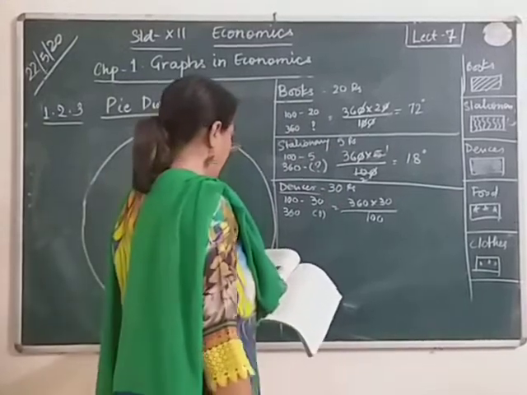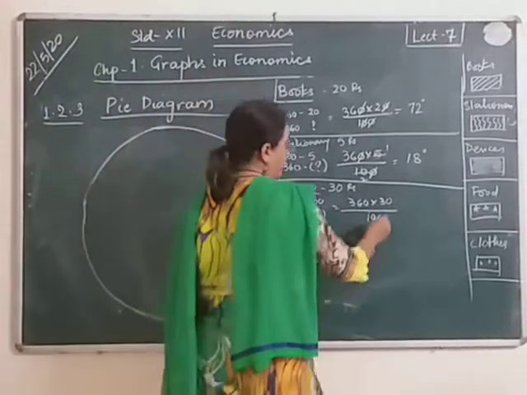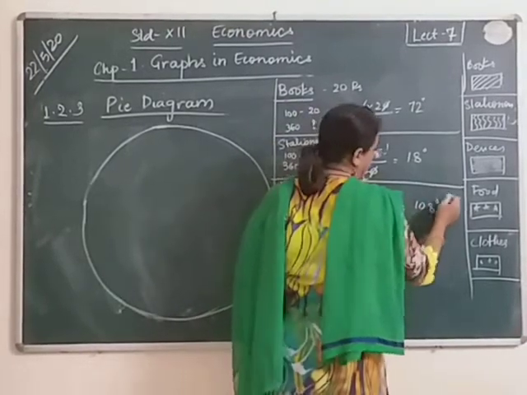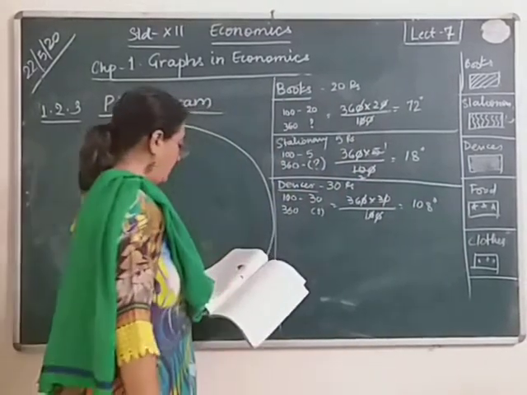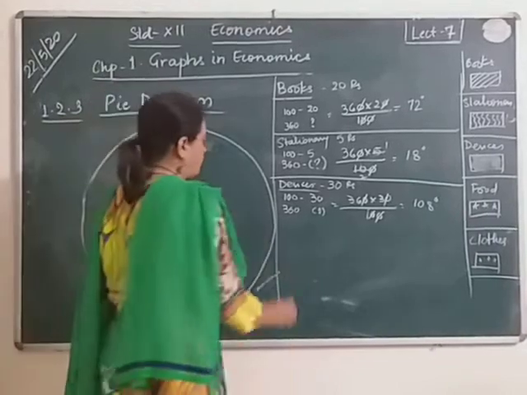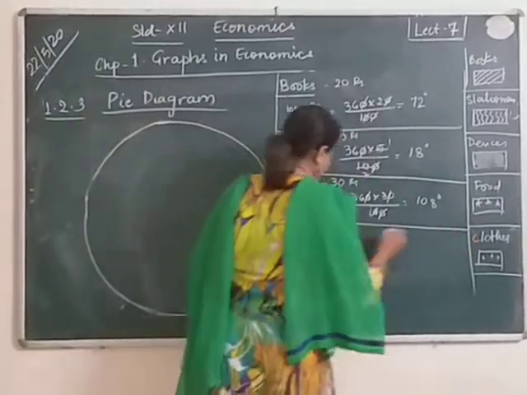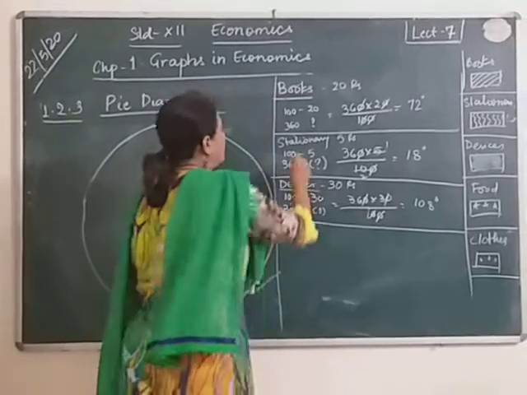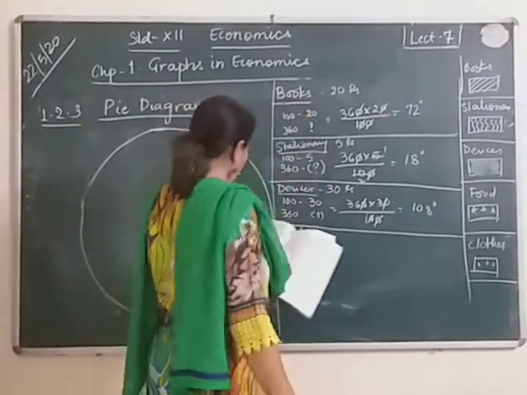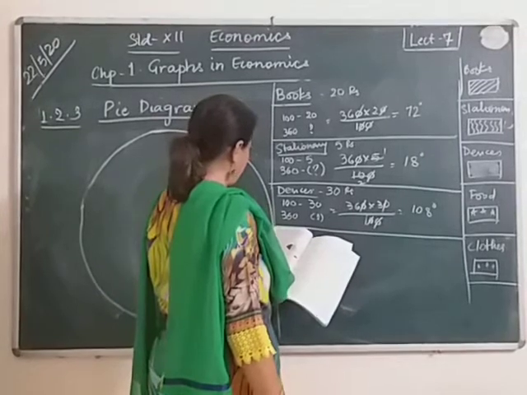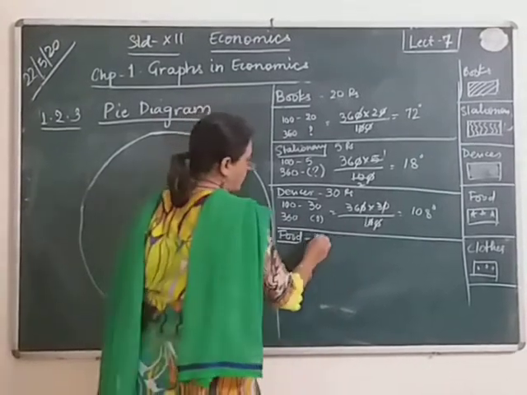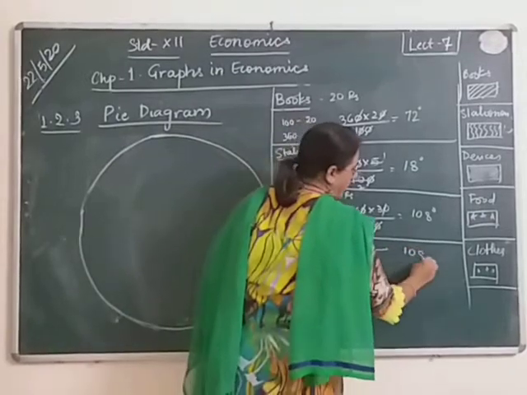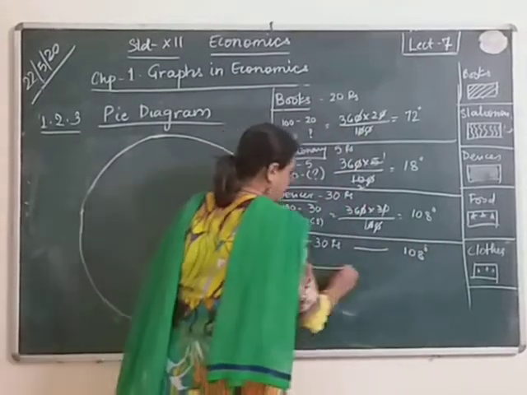That comes to 108. 36 into 3, 108 degrees. Okay, now food and clothes, 2 more to go. On food, this student spends 30 rupees again, so the same calculation, 108 degrees.